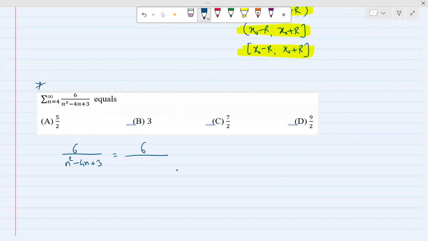Is it possible to factorize the denominator? Yes, sir. n minus 1 into n minus 3. So try applying partial fractions. I want to write it as A upon n minus 1 plus B upon n minus 3. I hope all of you know how to do partial fractions.